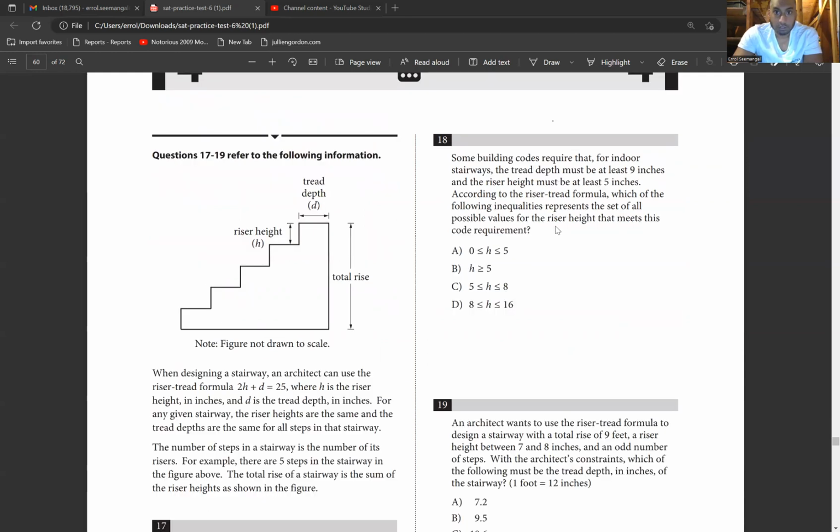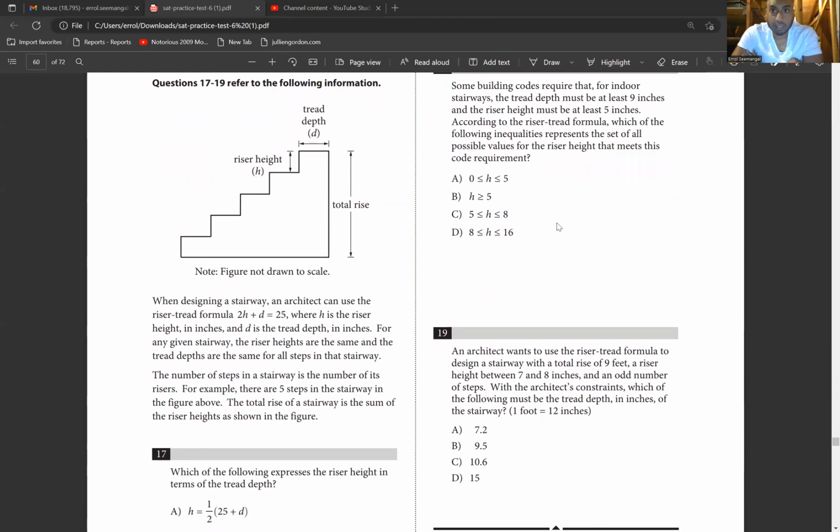18. Some building codes require that for indoor stairways, the tread depth must be at least 9 inches and the riser height must be at least 5. Okay, so where's the 9? The tread depth must be at least 9, so greater than or equal to 9.